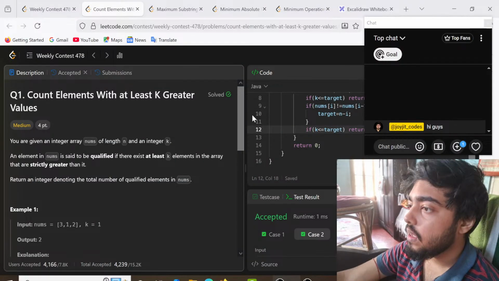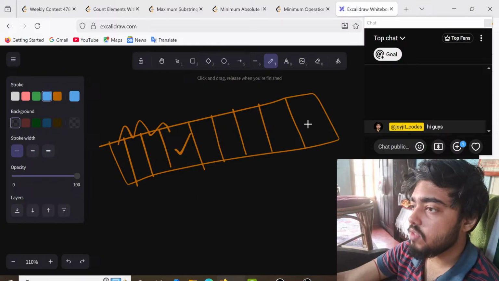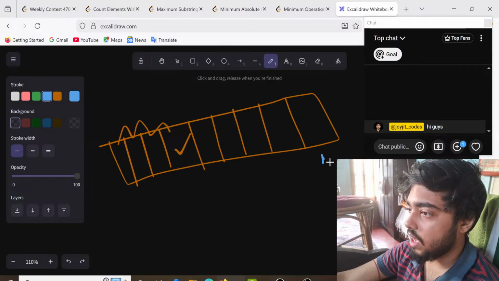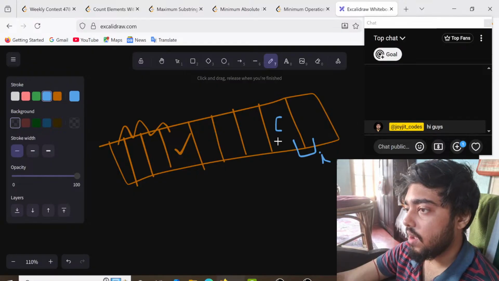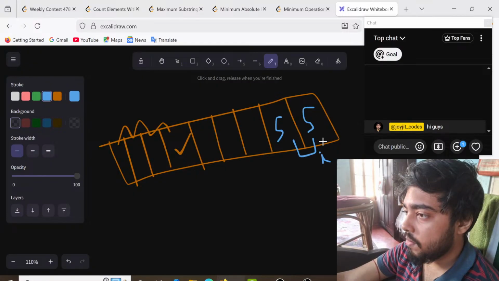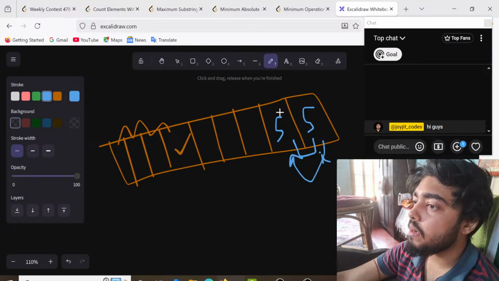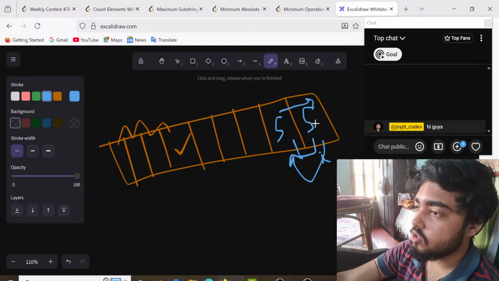So if we are traversing, whenever we are at position i, we can check if this and the previous elements are the same or not. If they are the same, we don't do anything. Let's say this is 5 and this is also 5. The moment we go from here to here, there is no element greater than this, so we don't make any change.